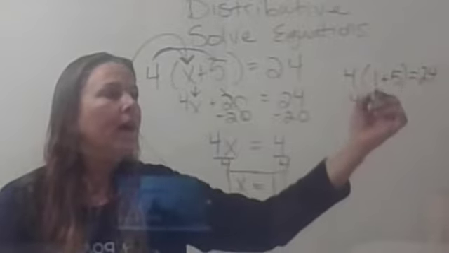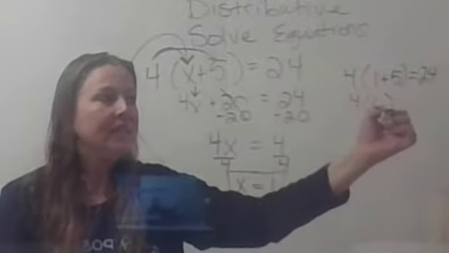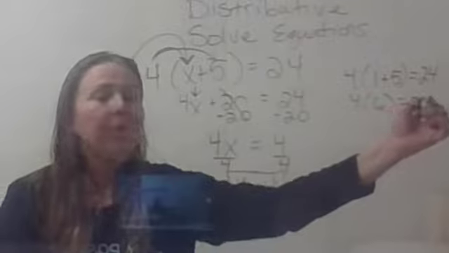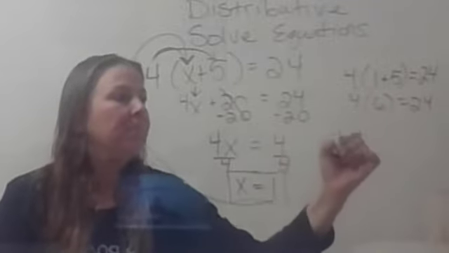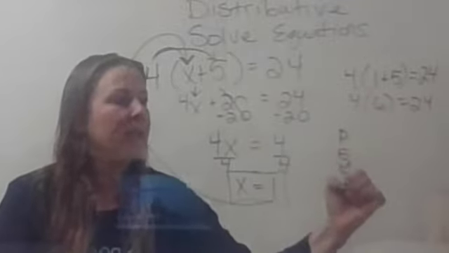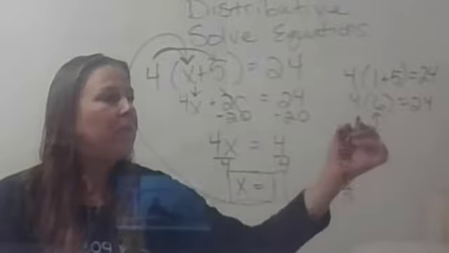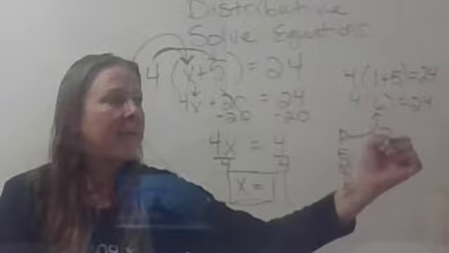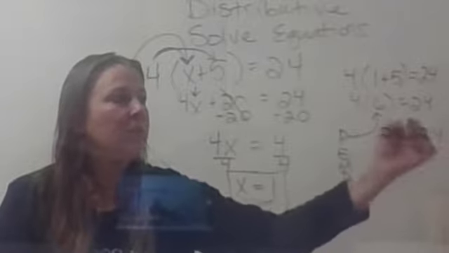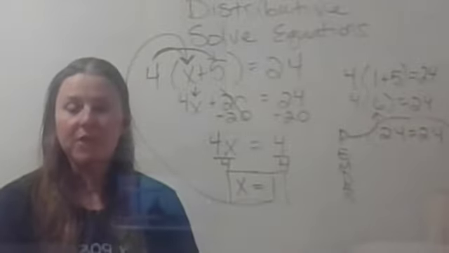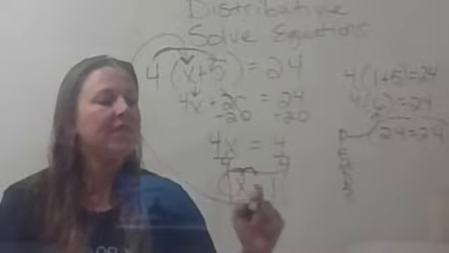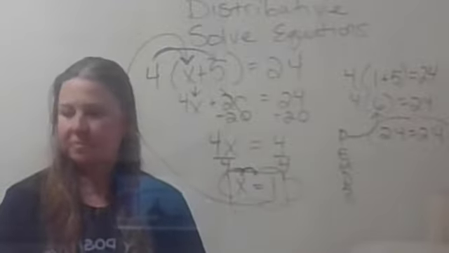Well, 1 plus 5 is 6 because of order of operations, PEMDAS, parentheses we're going to do first, and then we're going to multiply, and yes, 24 is equal to 24. So we are 100% positive this is the correct answer.